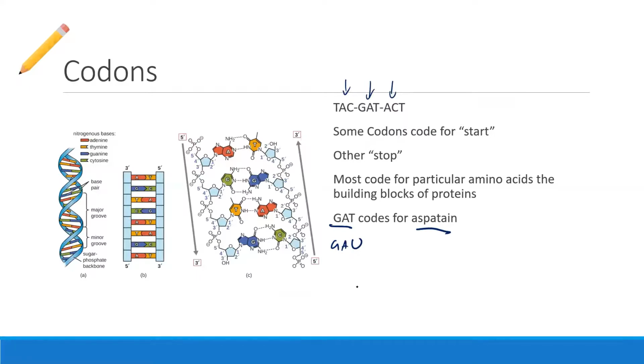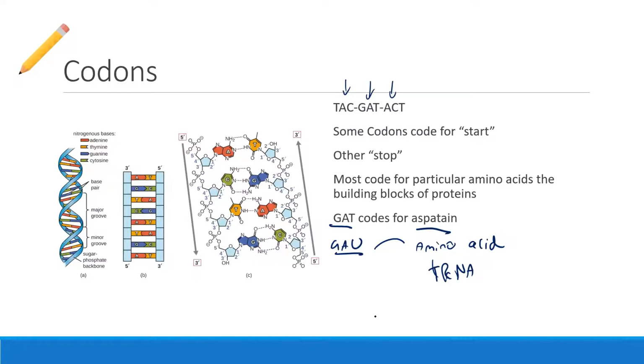Aspartame. That is an amino acid. So if the tRNA sees GAU, they will make aspartame. That's how it works.